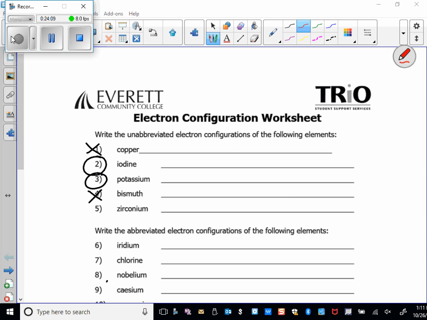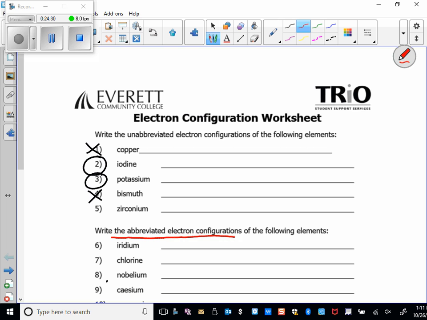So what are we going to learn? We're going to learn how to write the abbreviated electron configuration. What does abbreviated mean? Shortened. All right? We're going to write the short version of the electron configuration. Now, include this word.